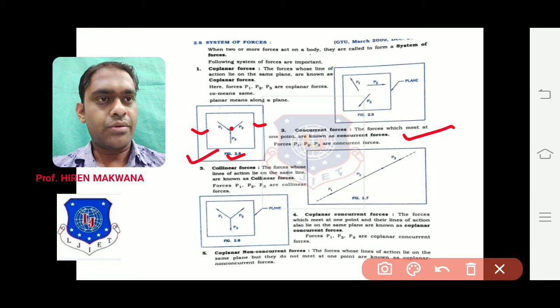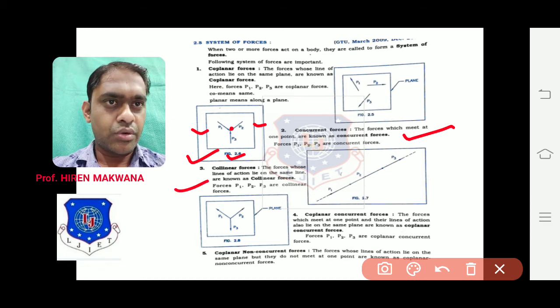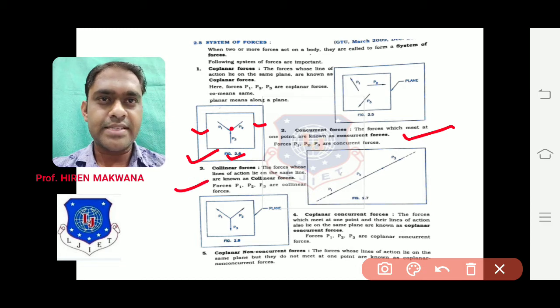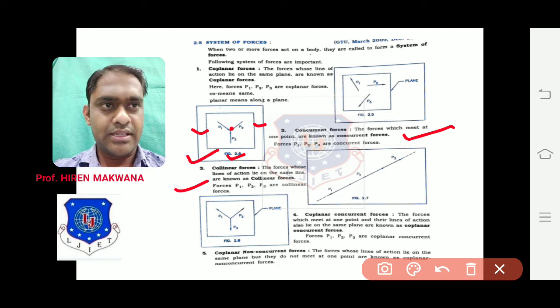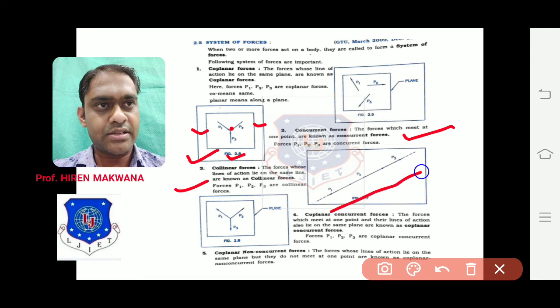Now the third one is collinear forces. Collinear means in the same line. You already know in mathematics what collinear is. See this in the figure. This is a straight line. On the same straight line, there are points, and on these points various forces are acting.